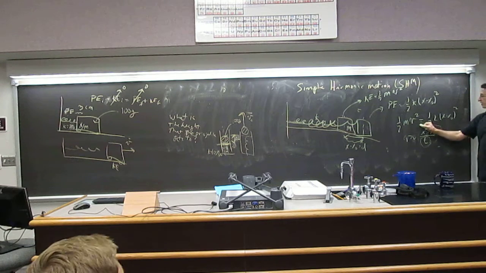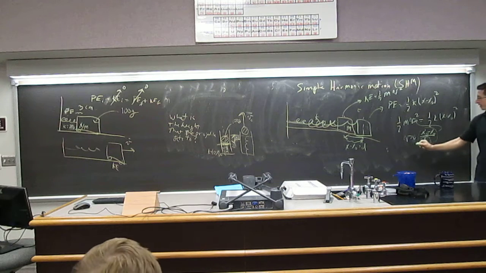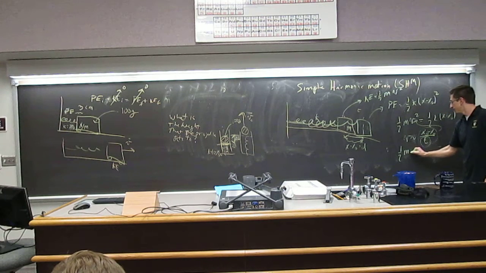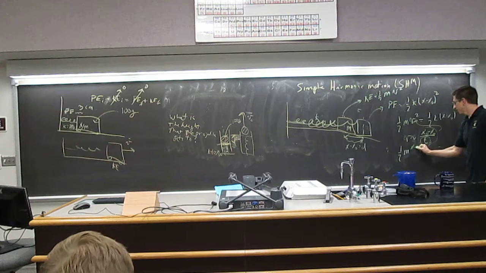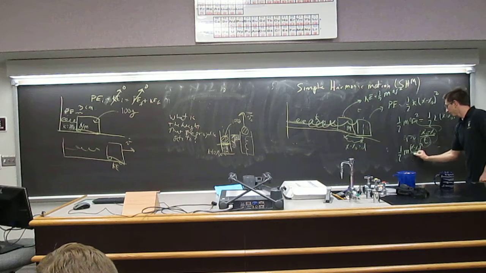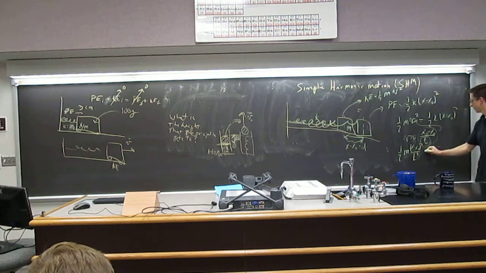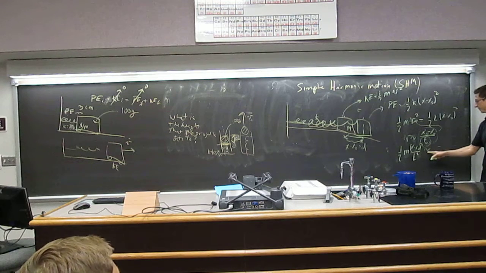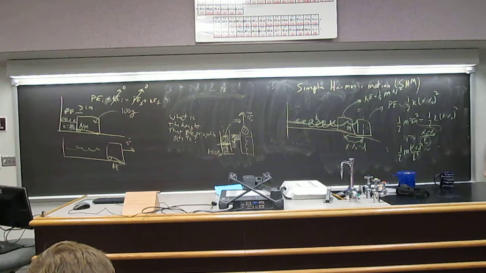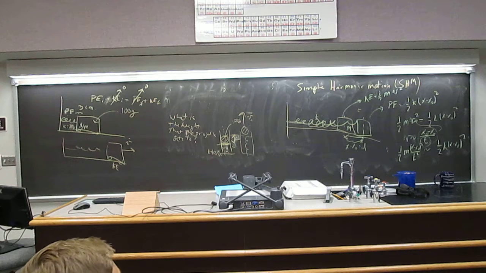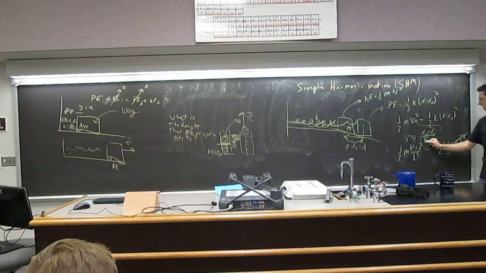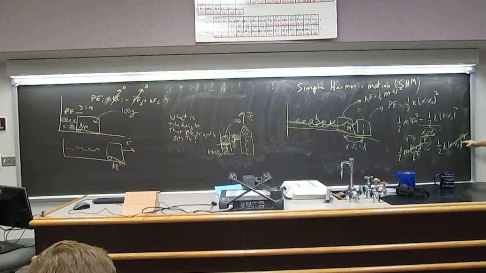If I plug this into here, I'll get that 1/2 m times (x minus x naught) squared over t squared is on the order of, or approximately, 1/2 k (x minus x naught) squared. These x minus x naughts I can divide through on both sides. I'll treat this as an equal sign a little bit.